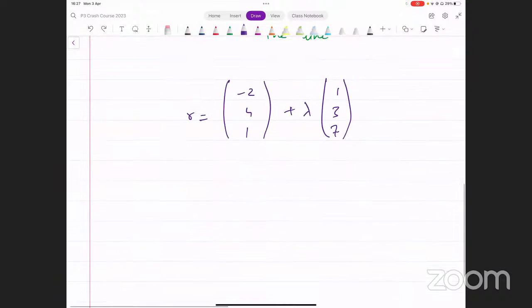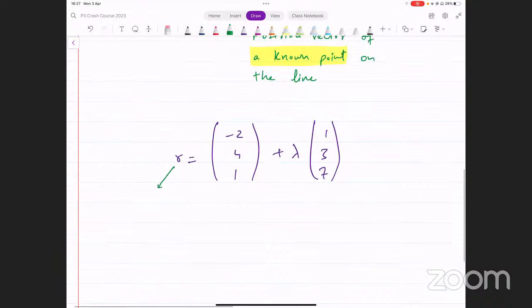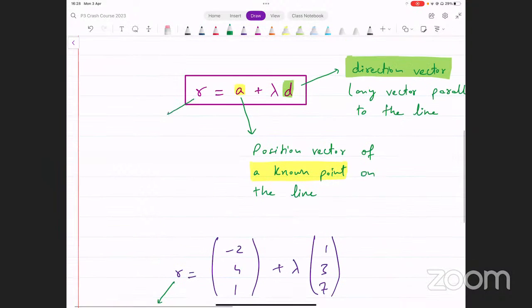Now, in this equation that we have here, R basically represents a general point on the line. So let me just write that here. This R is the position vector. Remember, whenever we talk about points in 3 dimensions, we talk about their position vectors.